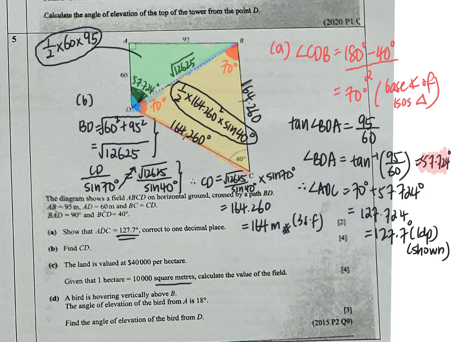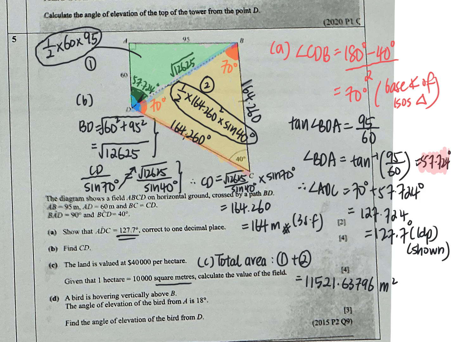So now what is the total area? Let's add 1 to 2. You will get the area to be 11521.63796 meters square.